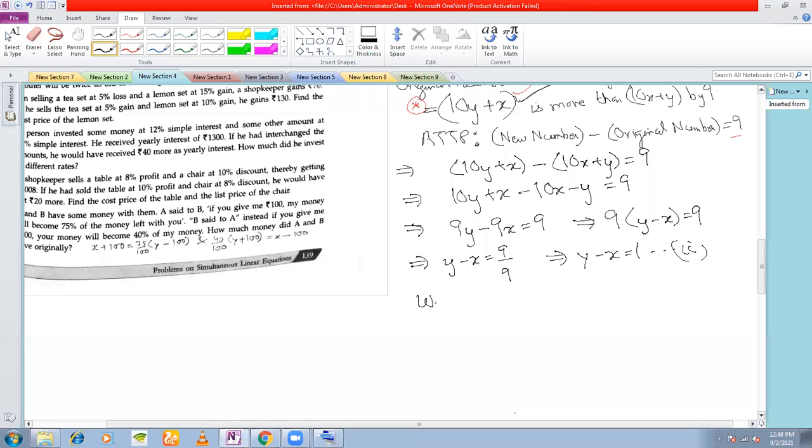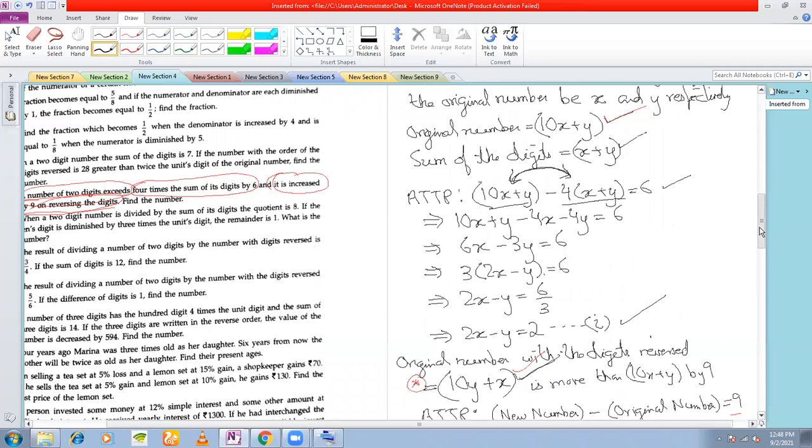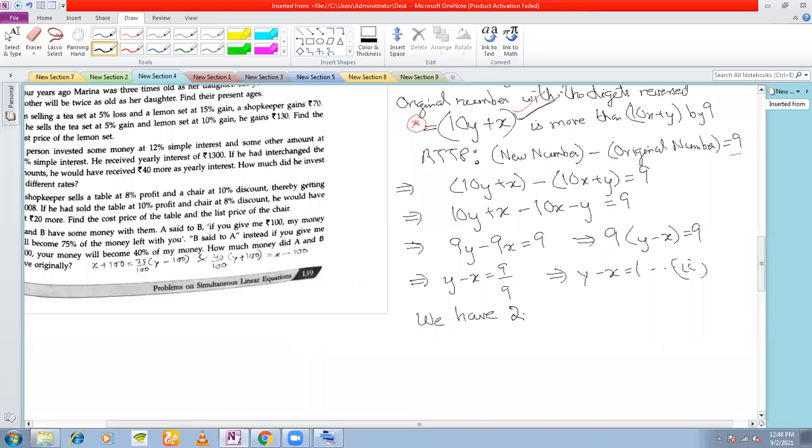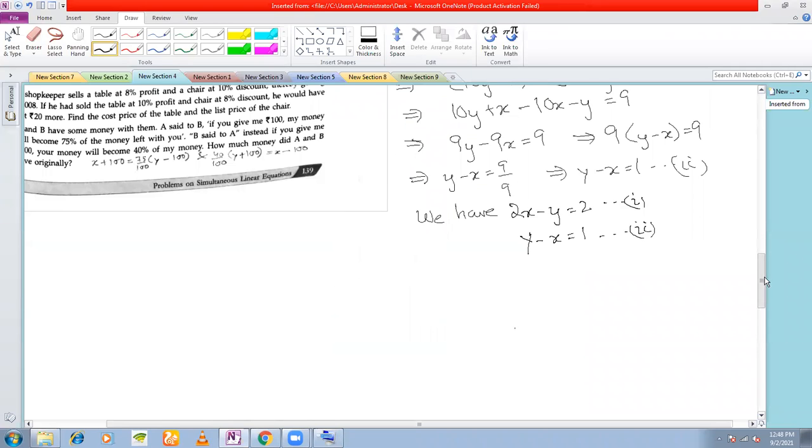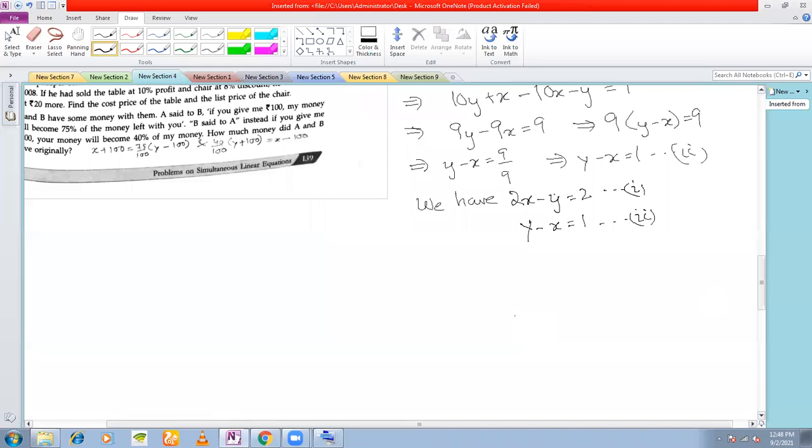So let's write down the two equations and see how we can solve it. The first equation is 2x minus y is equal to 2. The second equation is y minus x is equal to 1. Okay, so which method should I apply? Elimination method. I see a minus y here and a plus y here. That means if I add, y is going to cancel. So I apply the elimination method.